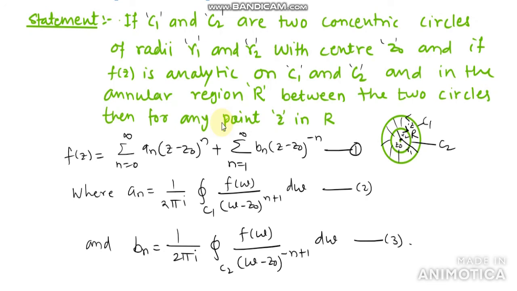That is the main series, where the constant an equals 1 upon 2 pi i into the contour integral over the curve C1 of f of omega divided by (omega minus z naught) raised to n plus 1. This is because of Cauchy's integral formula, and bn is nothing but 1 upon 2 pi i contour integral over C2 of f of omega divided by (omega minus z naught) raised to minus n plus 1 d omega.